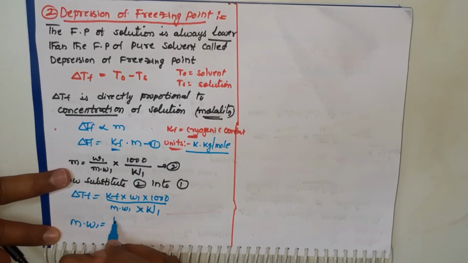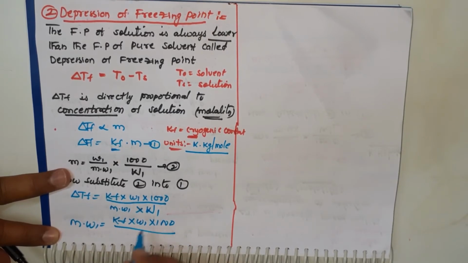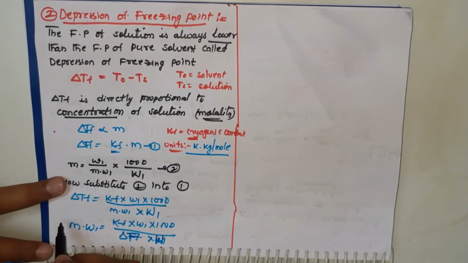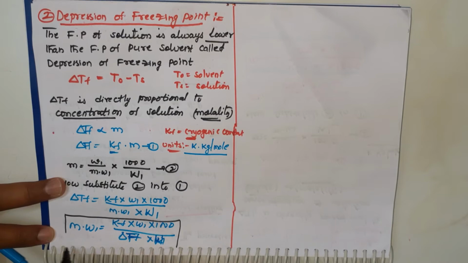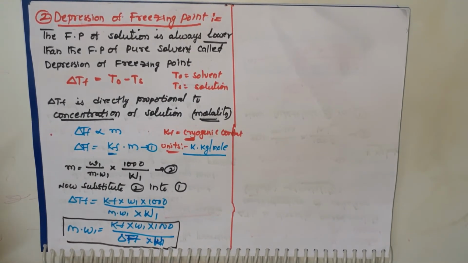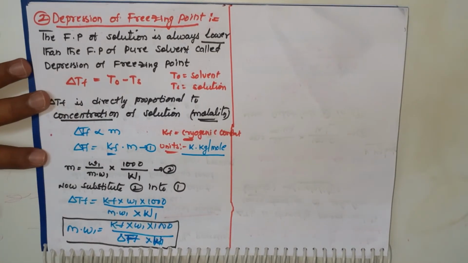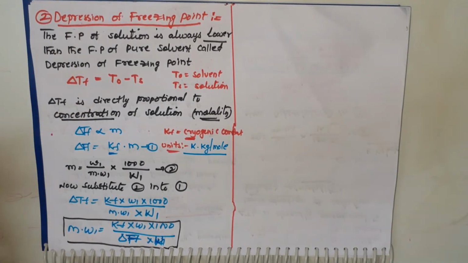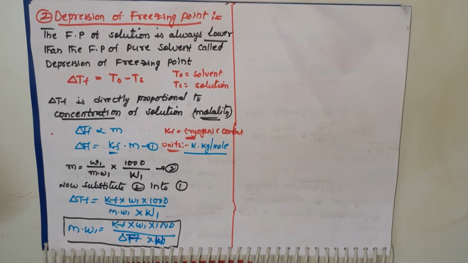Mw1 is equal to Kf into w into 1000 by delta Tf into W1. Okay students, according to this formula, we can calculate the solute molecular weight using the depression of freezing point. Please pause the video and note this down also. These are the first two items of colligative properties.